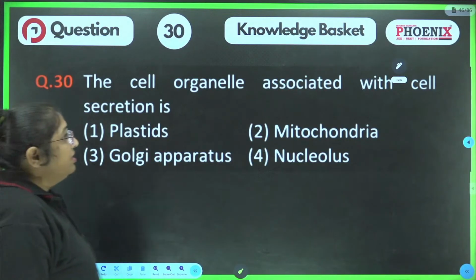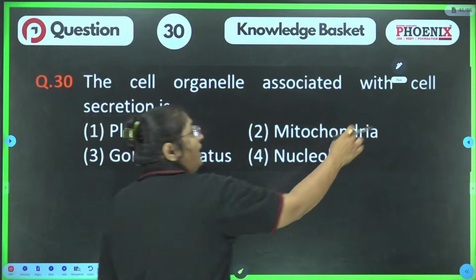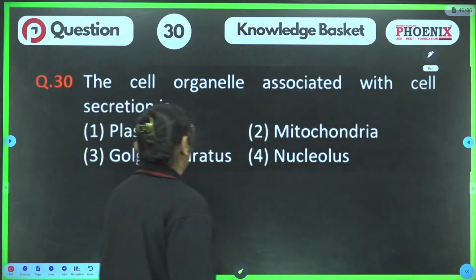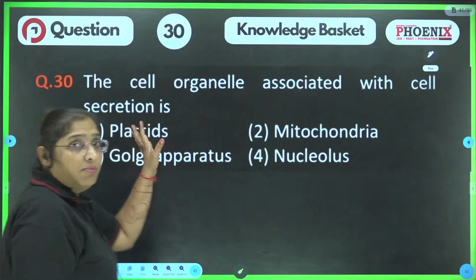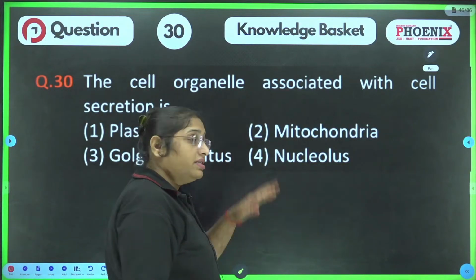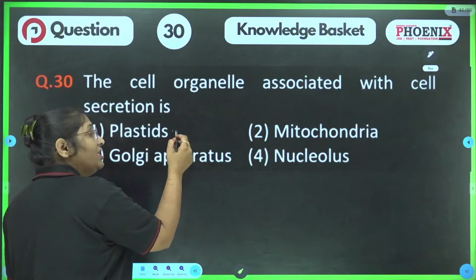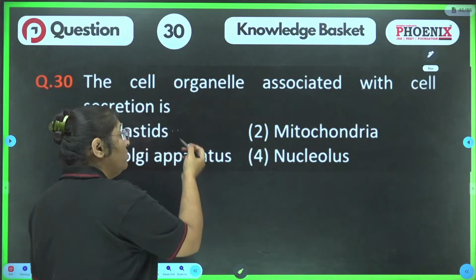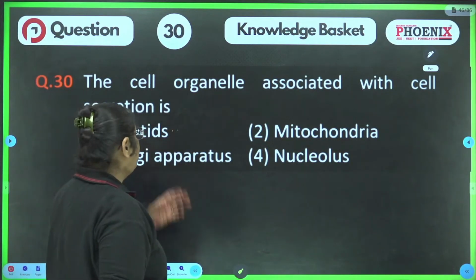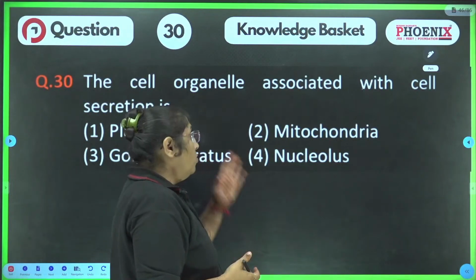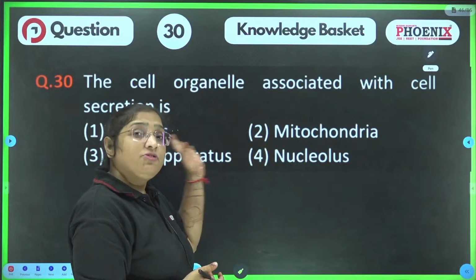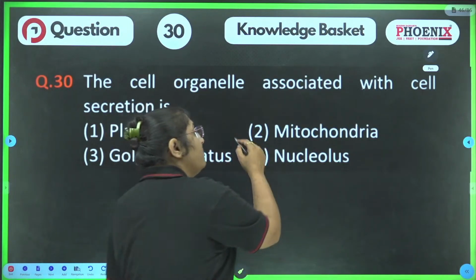The cell organelle associated with cell secretion. Okay, so we know the functions of plastid. There are different types of plastid, leucoplast and chromoplast. Leucoplast's function is storage. Chloroplast is the example of chromoplast, whose function is photosynthesis.